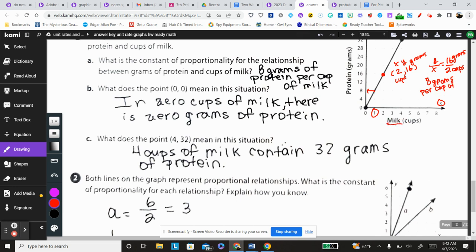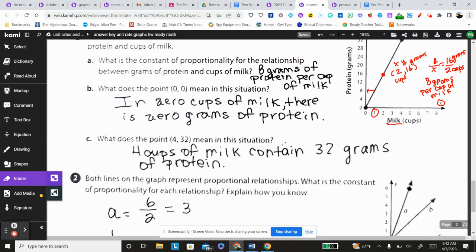Per cup of milk. Do y'all understand that? Y'all sure? How many of you found the X of 1 and just said 8 grams of protein for every 1 cup of milk? Okay, that's fine. How many of you just took a point and divided? Okay, that's fine. You can pick any point and divide, okay?